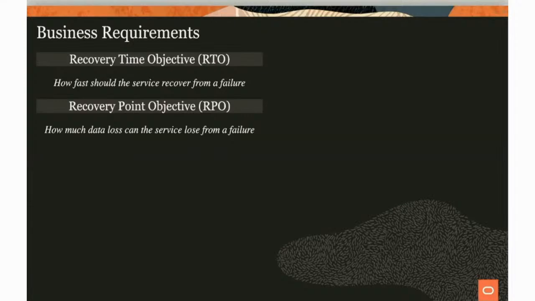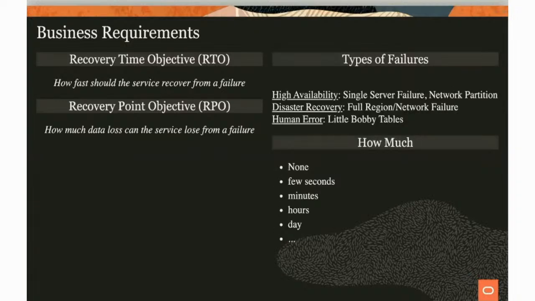But what is important is that there are different types of failure. In high availability, for example, a single server is failing, or a network partitioning has happened. These we call high availability. If a full region or data center fails, or the network between regions fails, then disaster recovery is another type of failure.